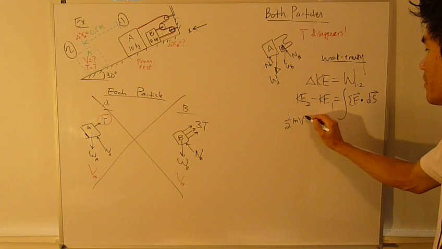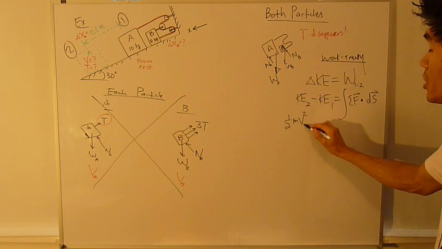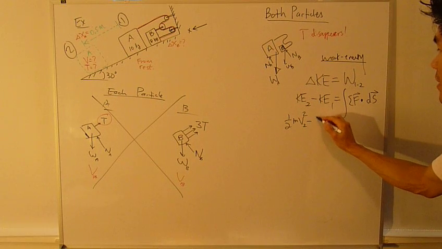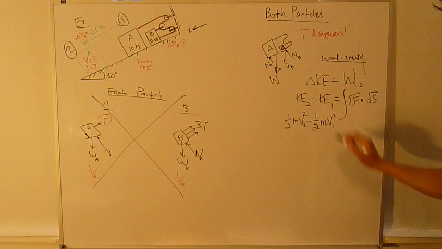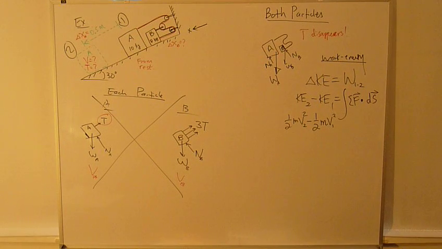KE is 1/2 mv2 squared minus 1/2 mv1 squared.